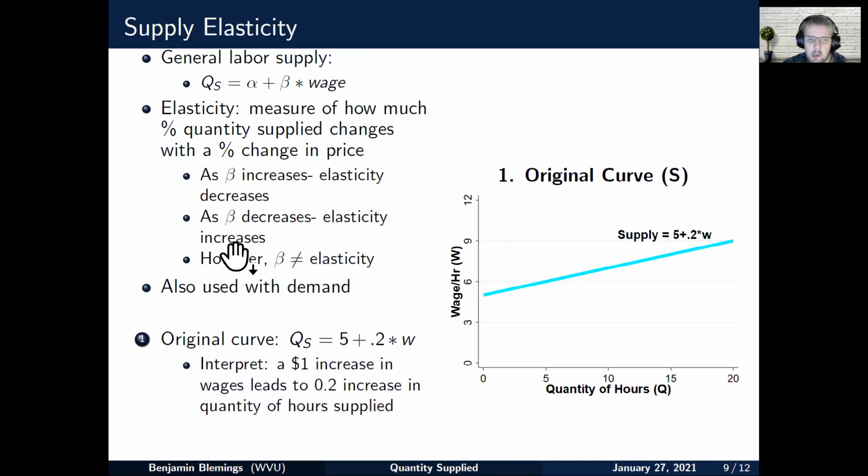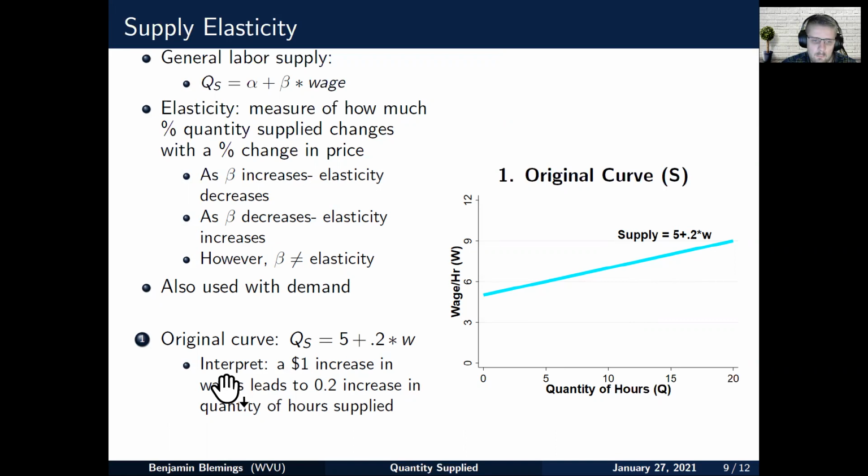But importantly, beta is not the elasticity, it's just the slope of the supply curve. This elasticity is also used with demand curves. Again, I'll talk about it more later, but it's important that we note here that for this example, the supply curve's equation is 5 plus 0.2 times wages.